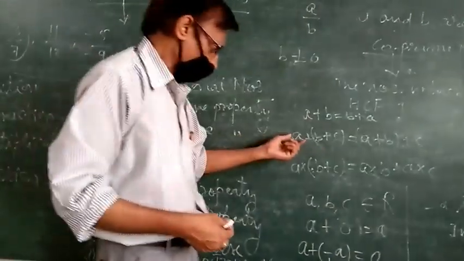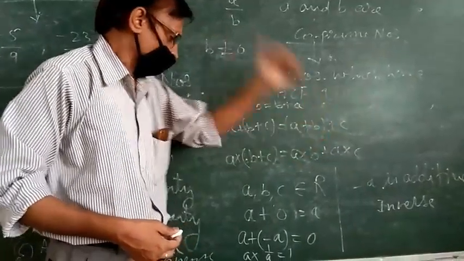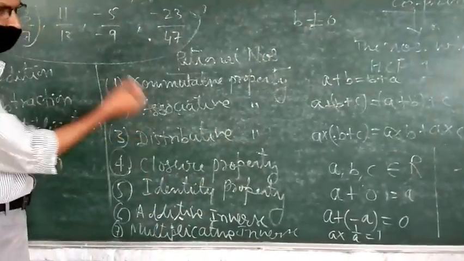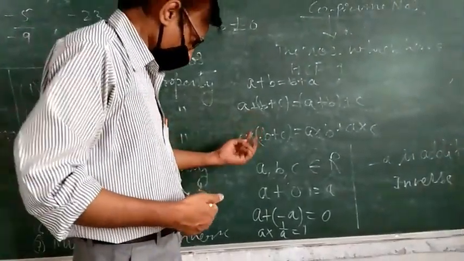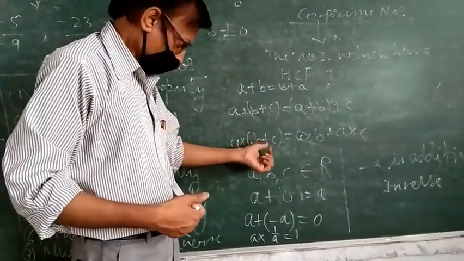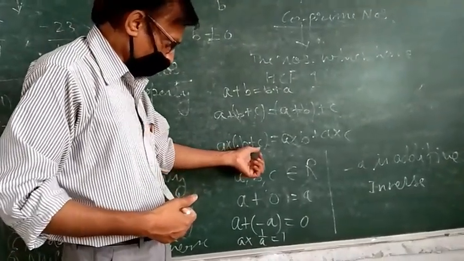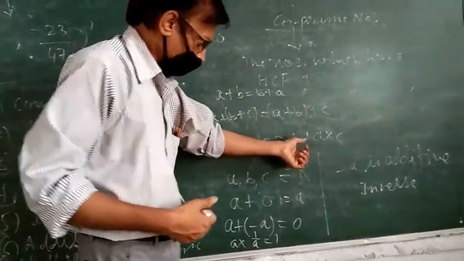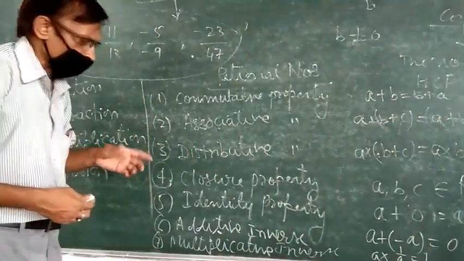You see that a plus in bracket b plus c equals a plus b in bracket plus c. Next, distributive property. In the distributive property, there are two signs, multiply and plus. So a into in bracket b plus c equals a into b plus a into c. This property is called distributive property.